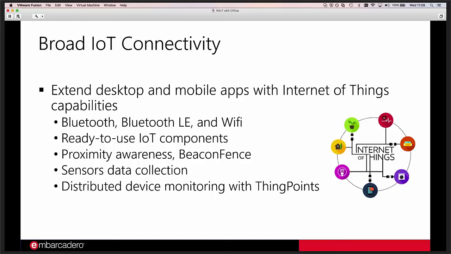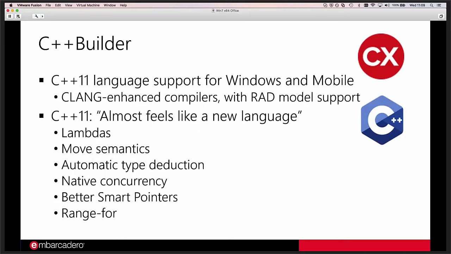So this is just a big picture, so I'm not going to spend too much time on this slide, and will quickly rush on to more demos. Part of RAD Studio are two main products: C++ Builder and Delphi. C++ Builder supports the latest in C++, so compatibility with the C++11 language, which is an ISO standard. We have Clang-based compilers that integrate with our RAD development model.